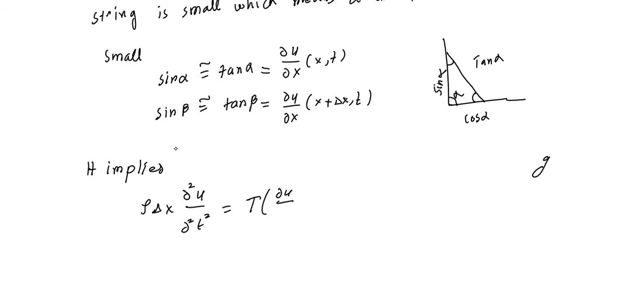So you will have delta u by delta x at x plus delta x, t, subtracted by delta u by delta x, and here you will have x and t.